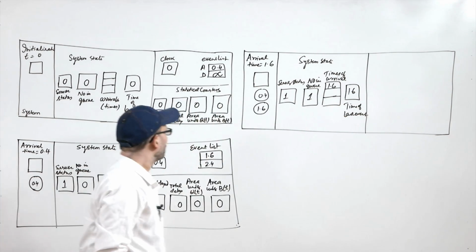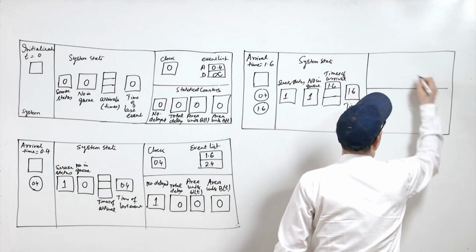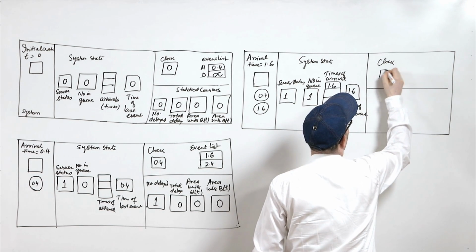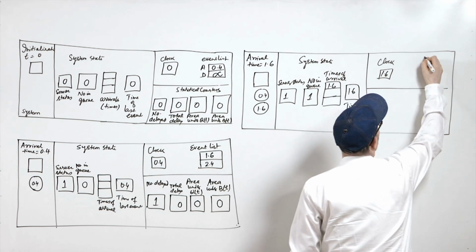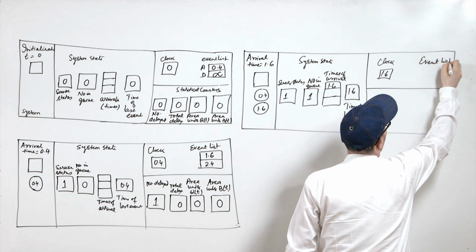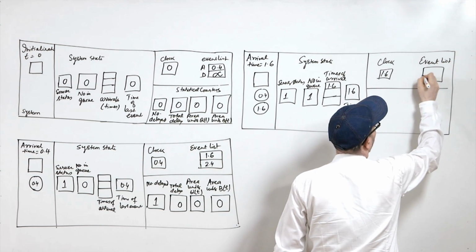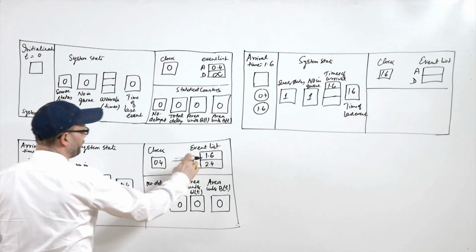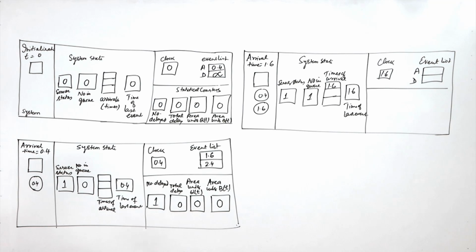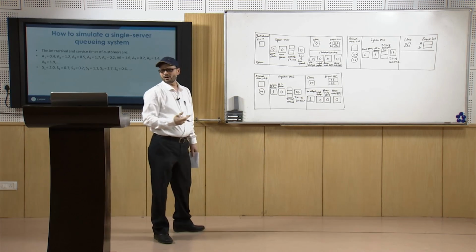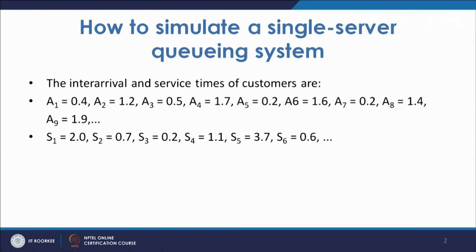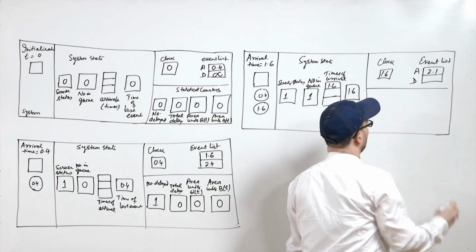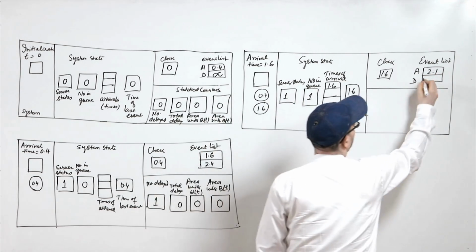Now, we will come to the clock. The clock time is 1.6, and the event list has two entries, arrival and departure. In the earlier case you had already taken the arrival, so the next arrival will be 2.1, and the departure is placed here as usual.